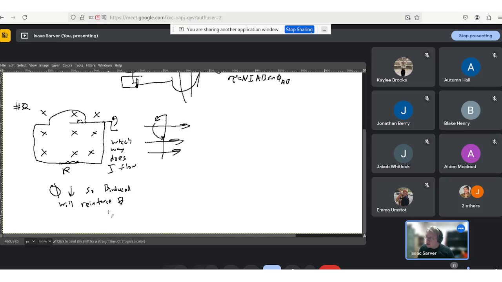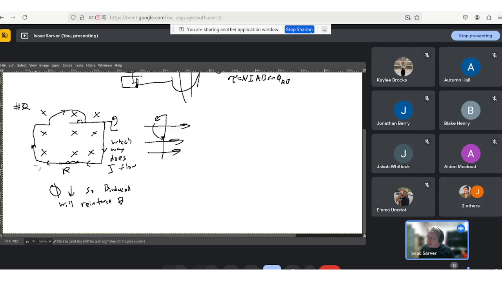Okay, so to reinforce this B that's going into the page, I need to make a magnetic field like so. And my right hand shows that my current is going this way, clockwise.